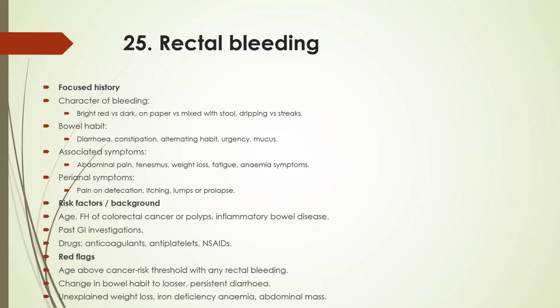That will be the anal fissure. There could be cases of hemorrhoids, so the history will be different, like how much blood there is. And every time you have a history of bleeding, check for anemia signs. Is the patient getting short of breath? Okay, so that is a red flag also. Risk factors, obviously, if there is a family history of cancers or IBD, then things will go like that.